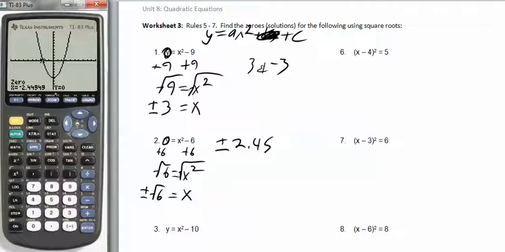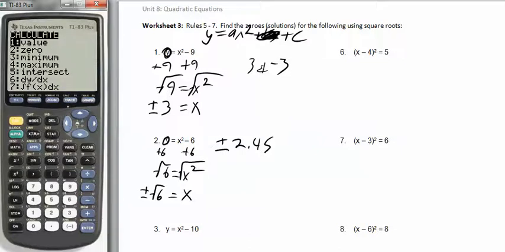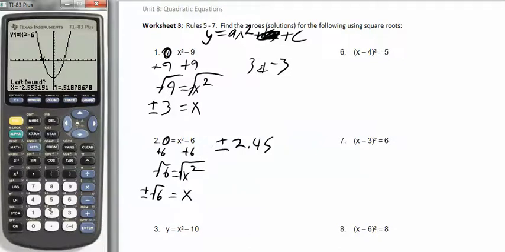Then we need to find the other one. Second, calculate a 0, left bound, something to the left of this one. So I'll use, I meant to hit 0, but 1 will work also. And something to the right, so I'm going to use 10. And there's our other answer, positive 2.45.